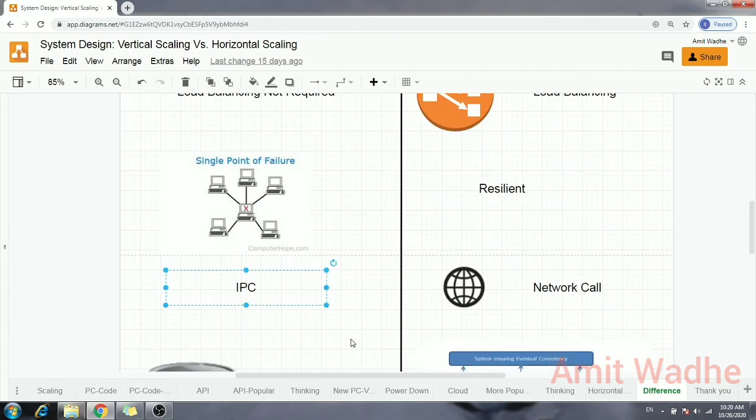Now in vertical scaling there are IPCs, inter process calls. In horizontal scaling there are network calls. Usually inter process calls are quite a bit faster than network calls. So this is one of the disadvantages we have in horizontal scaling.